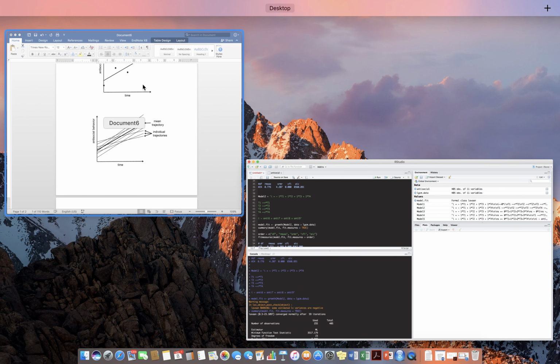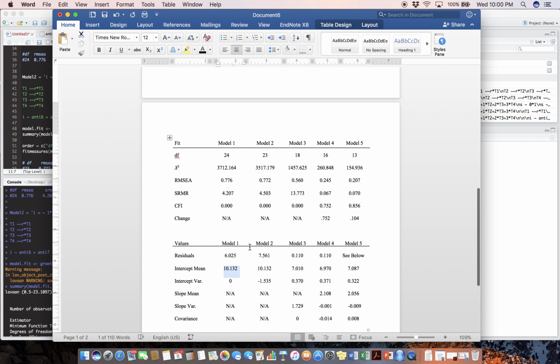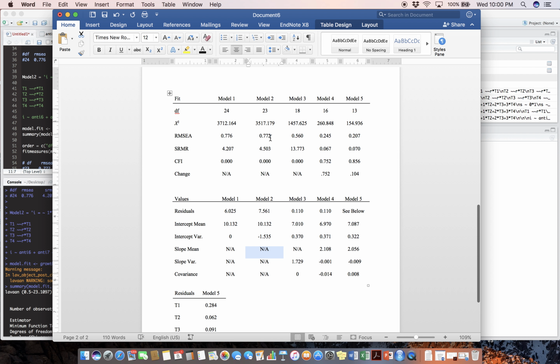So let's take a look at our fit indices here. Again, we do see a smaller RMSEA, which is what we'd start to expect. We still see a poor SRMR and a poor CFI value, but we're starting to see decreases in some of these values, indicating better fit as we move along.